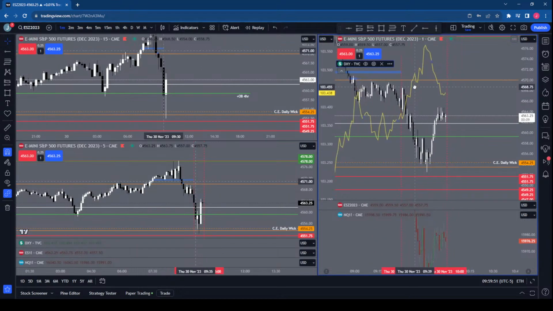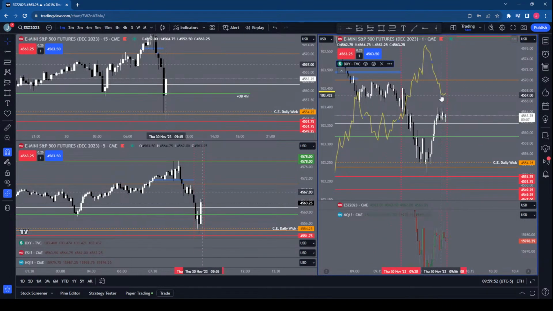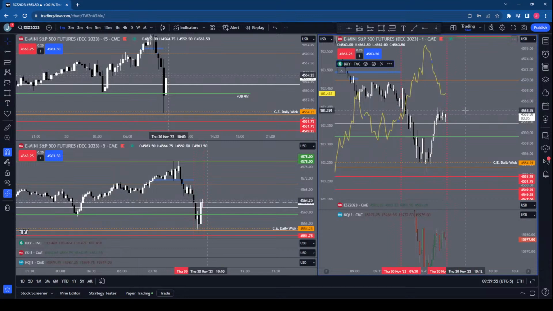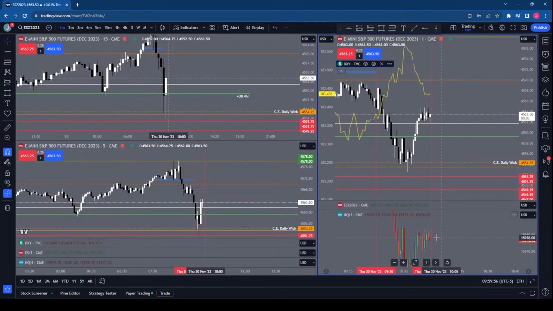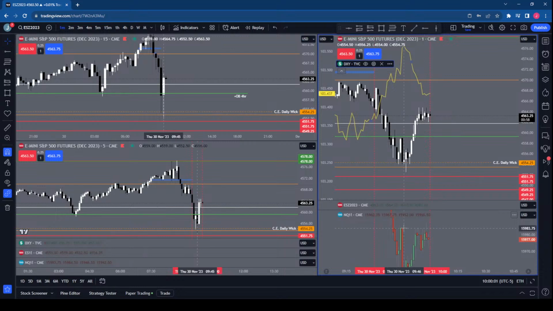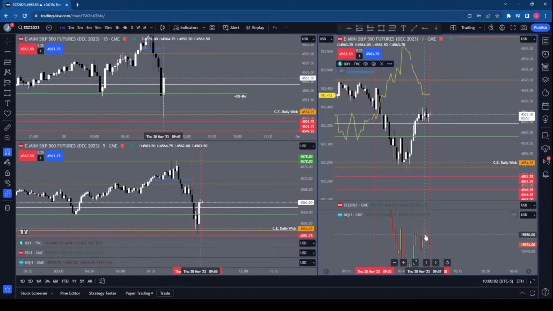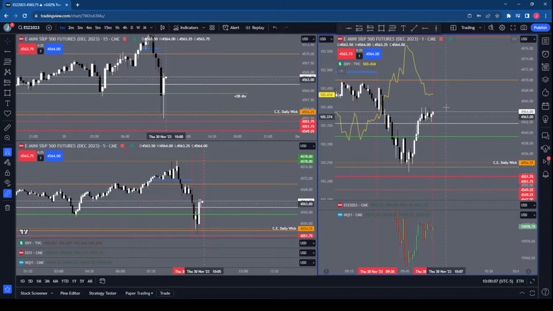Look at the dollar. The dollar is kind of making a swing low right now. NASDAQ didn't print a body above that high. It's making a swing high. Wonder if NASDAQ. Let's see.